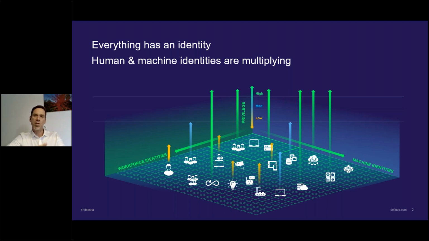And this is where privileged access management comes into play. This is where we start to help you. First of all, we identify all these identities that are there, maybe some that you don't know about because they're in other directory services.